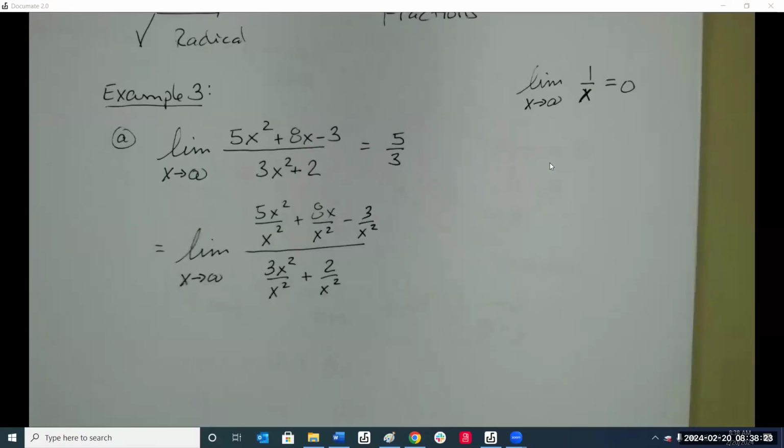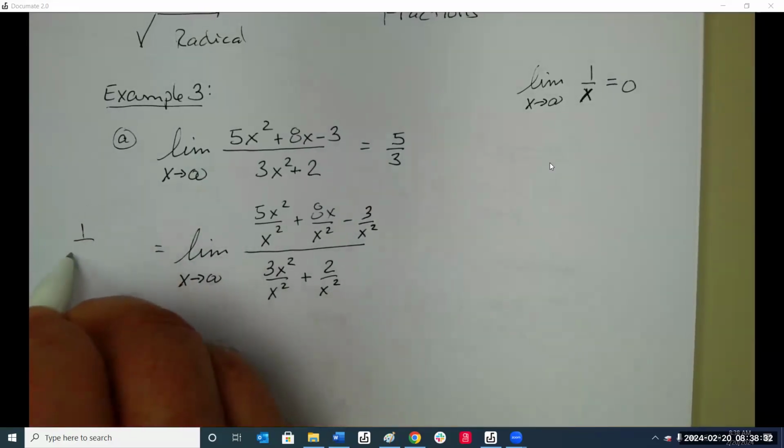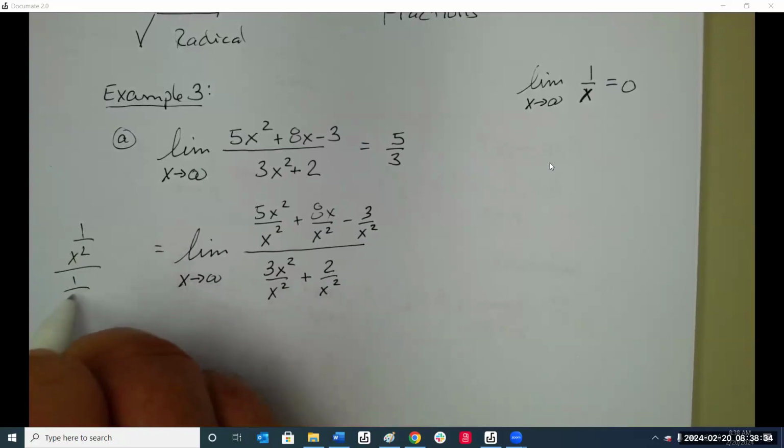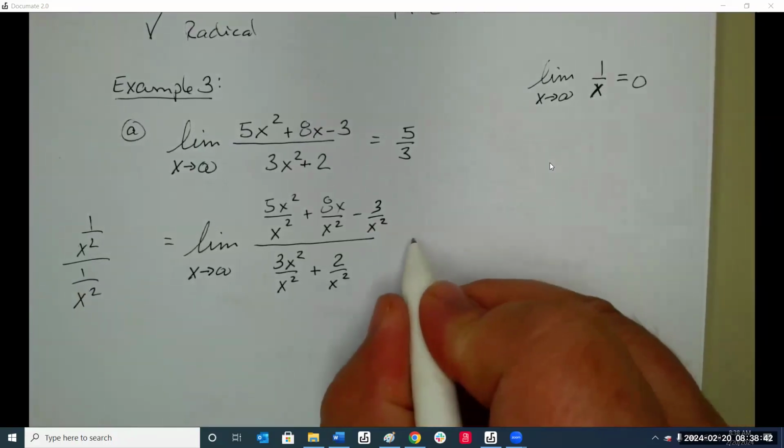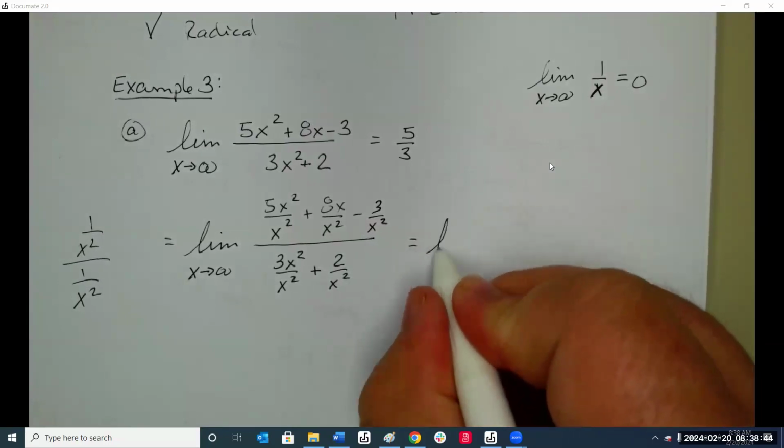You can do that algebraically because are you changing the function? No, you're dividing the top and bottom by the same term. You're dividing 1 over x squared by 1 over x squared. Okay, let's simplify.